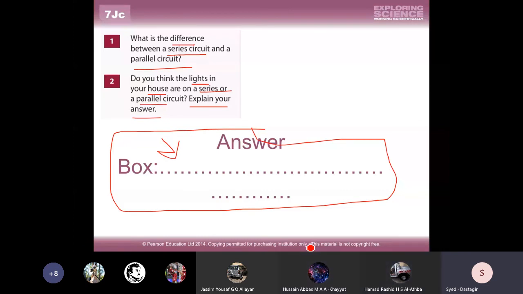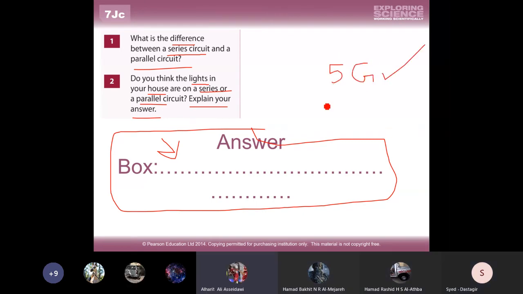Can you hear me clearly? There might be something wrong with your connection, because other people can hear me. No, Mr., I am on 5G. There's no problem. Mr., I answered in the chat. Can you see it? Yeah, I'm going to have a look now.